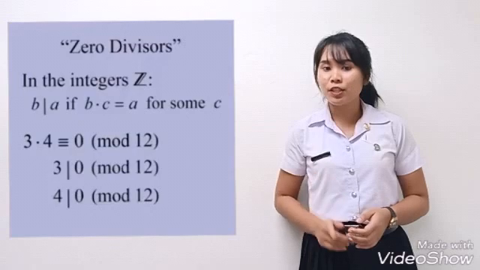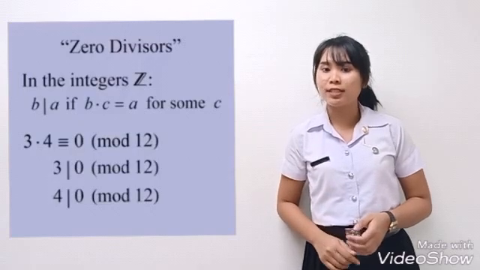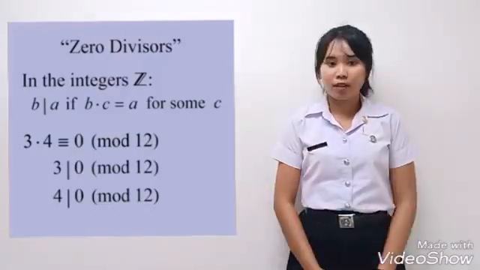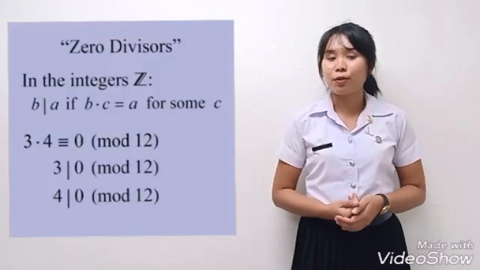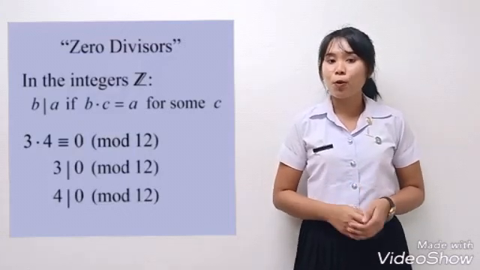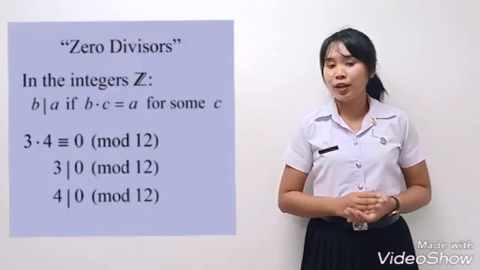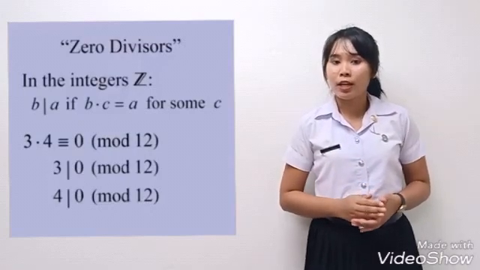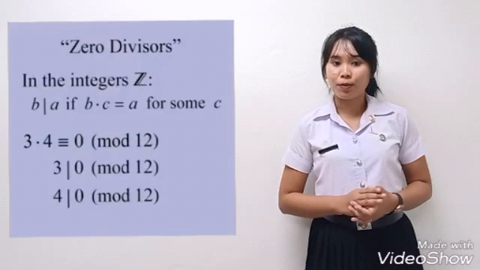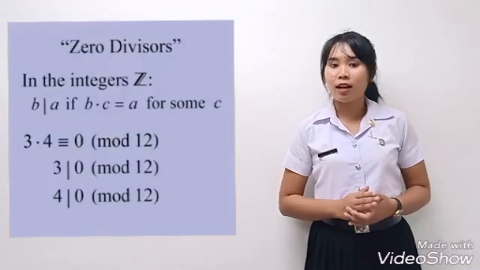From this definition, the term zero divisor makes sense. In the integers mod 12, 3 times 4 equal to 0. So both 3 and 4 divide 0. They really are zero divisors.